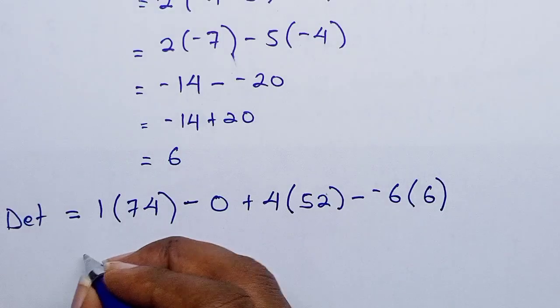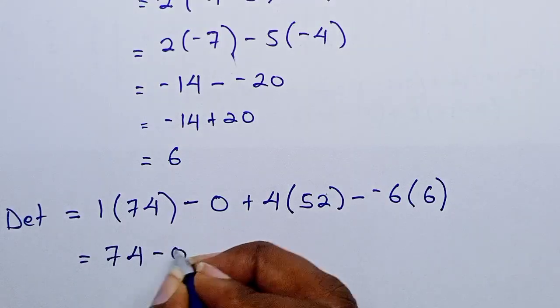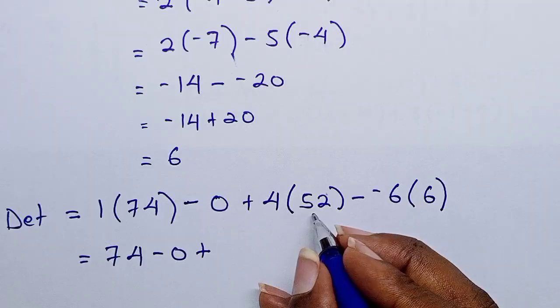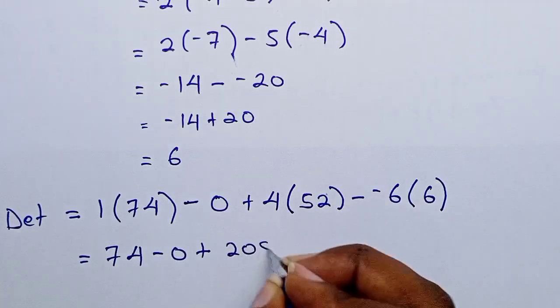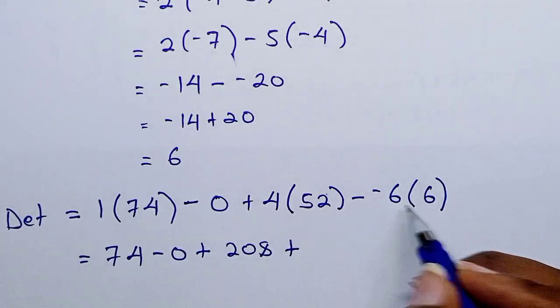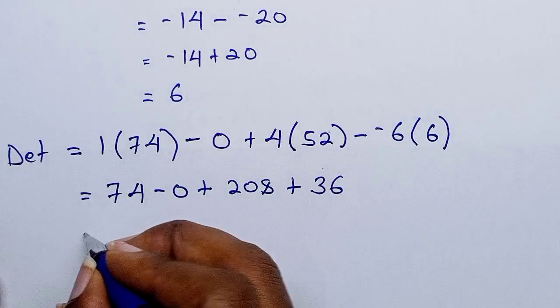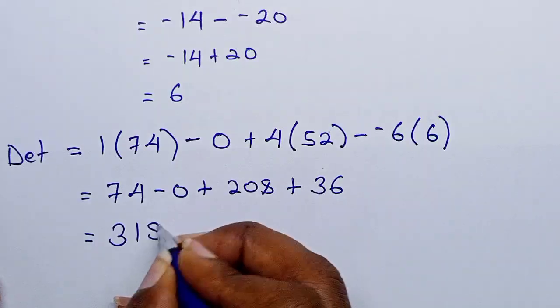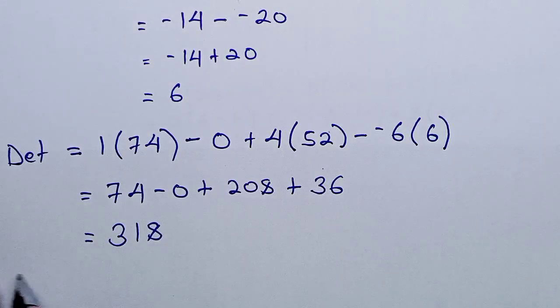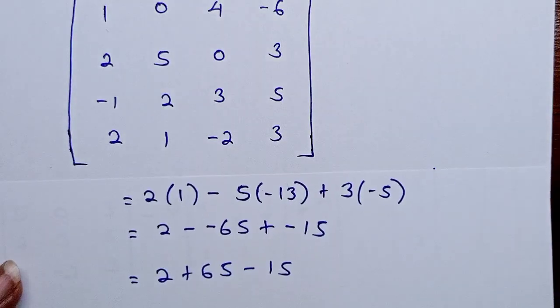So this is 74, minus 0, plus 4 times 52 is 208. Then negative, negative becomes positive, 6 times 6 is 36, which gives 318. So this is the determinant of this 4 by 4 matrix.